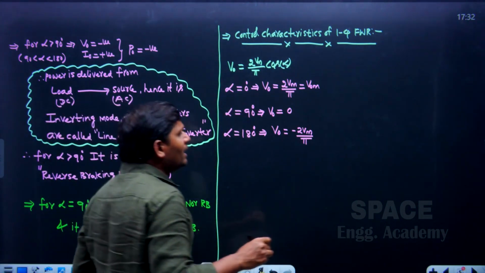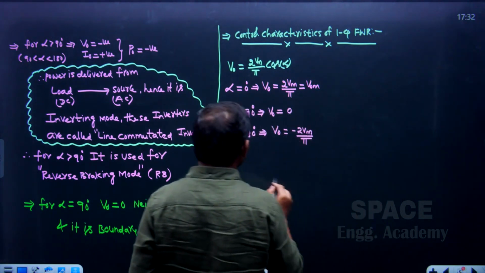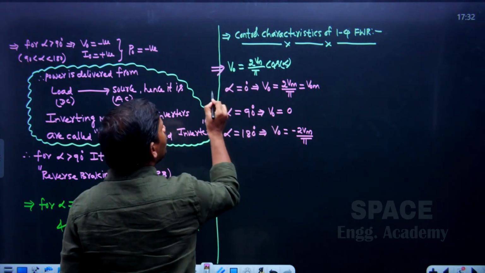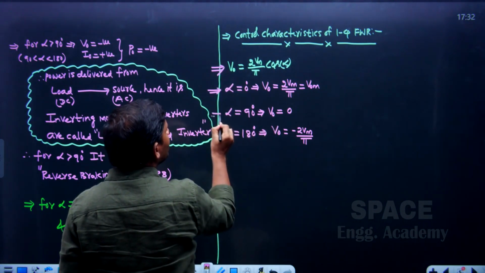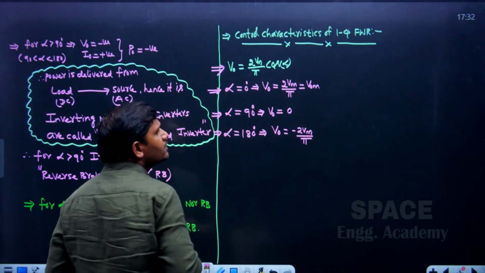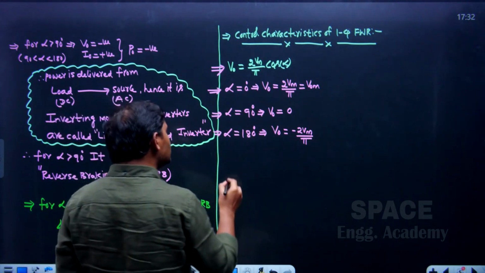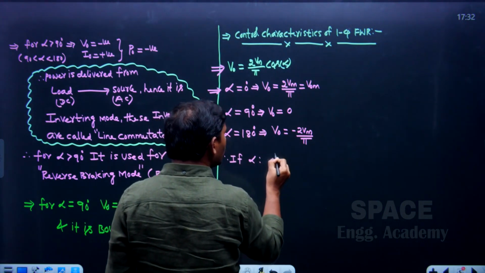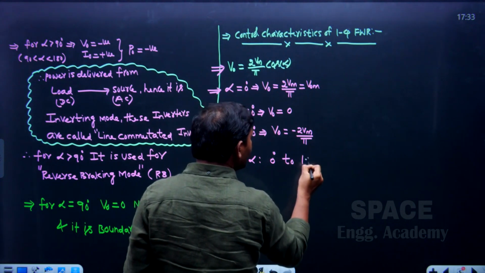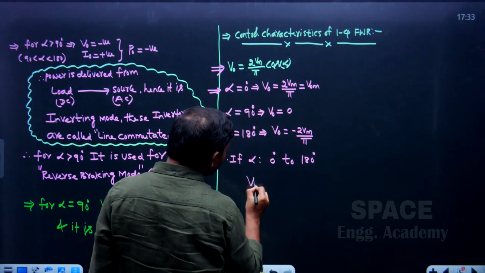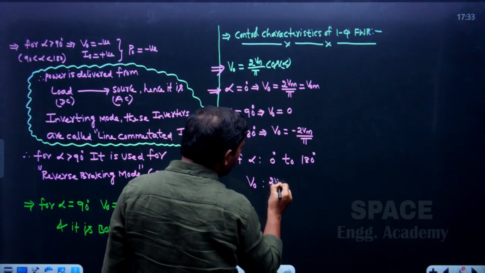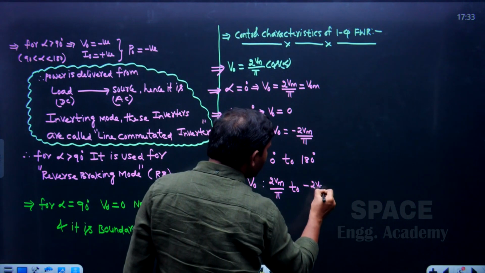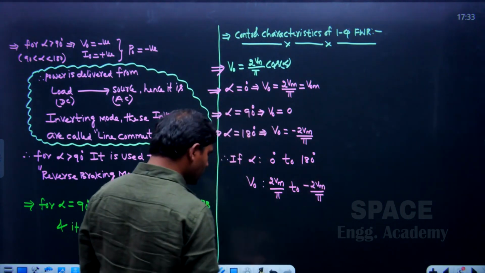That is, if alpha is controlled from 0 to 180 degrees, the average output voltage is controlled from 2 Vm by pi to minus 2 Vm by pi, from positive to negative.